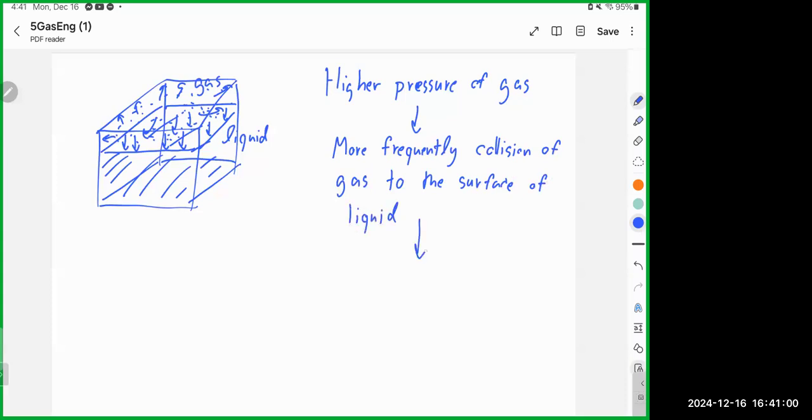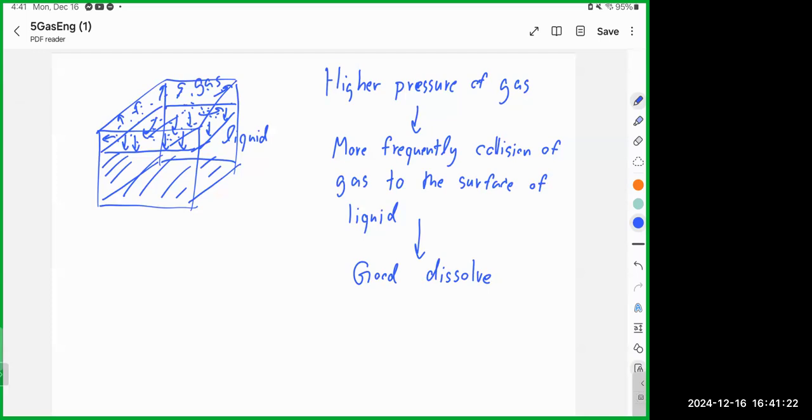So this would lead to good dissolving, because gas bombards the liquid and can dissolve into the liquid more efficiently.